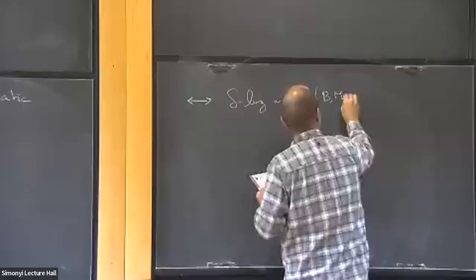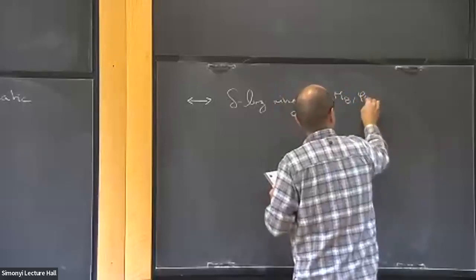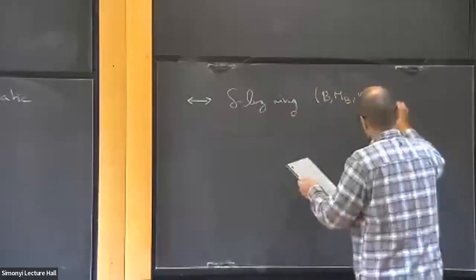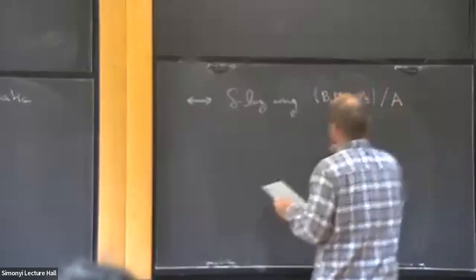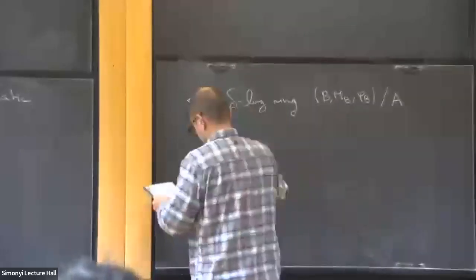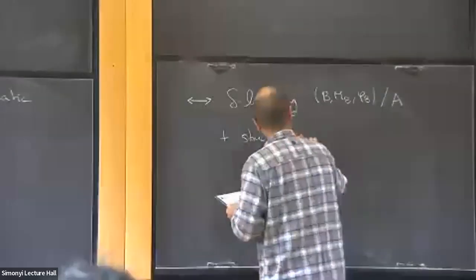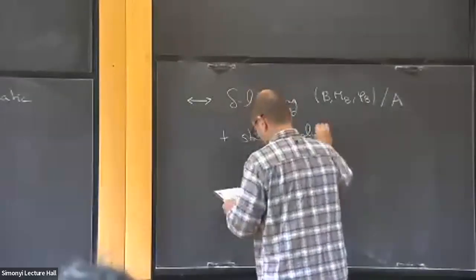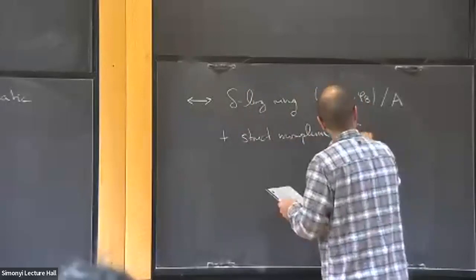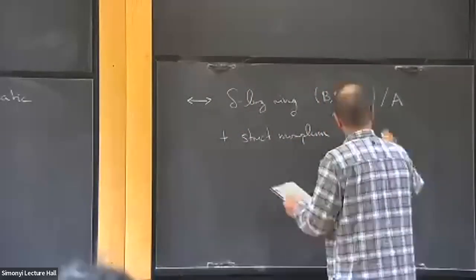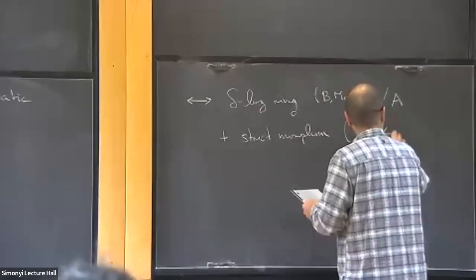B over A plus strict. So if you write out what this means in terms of log geometry, I'll try to do it.